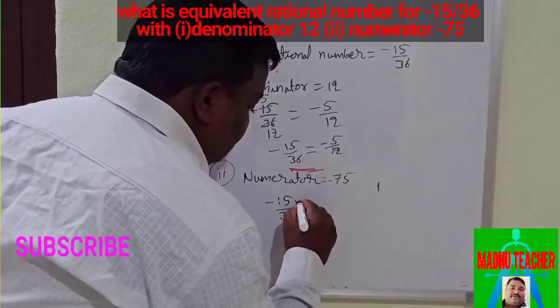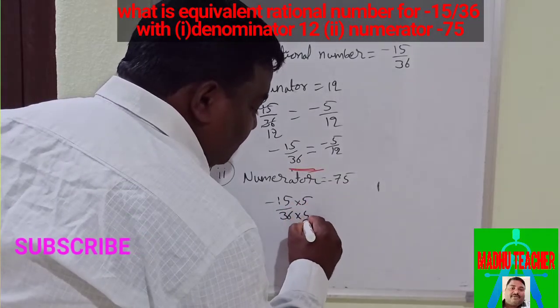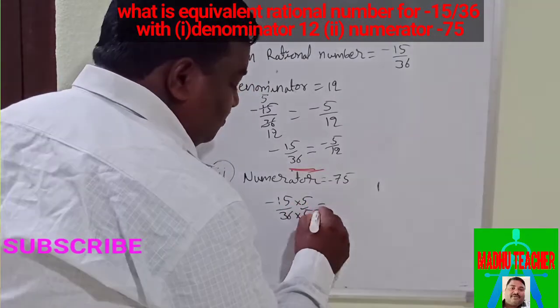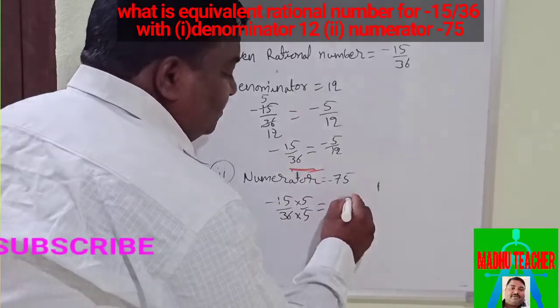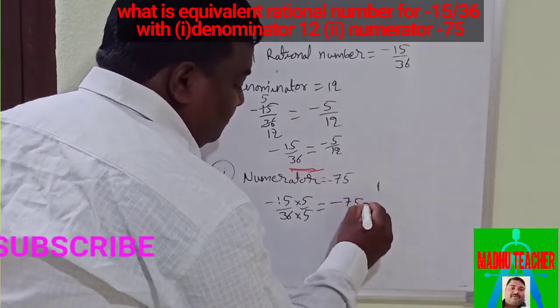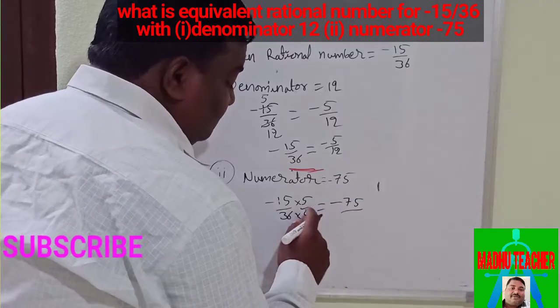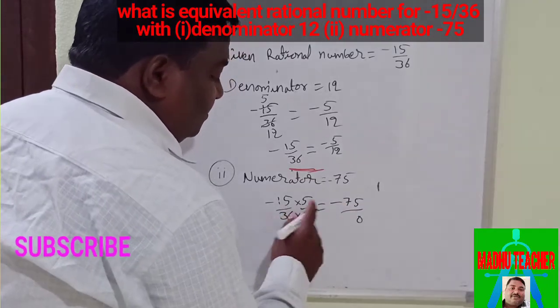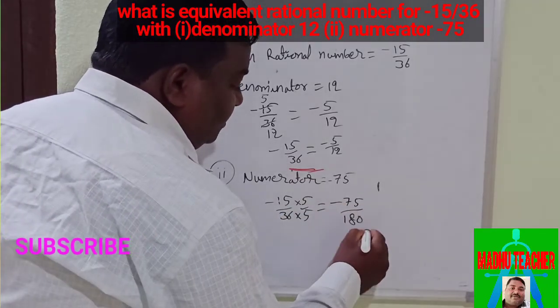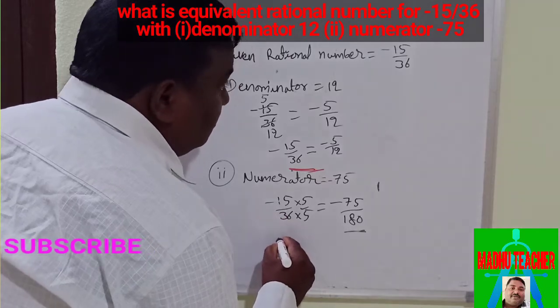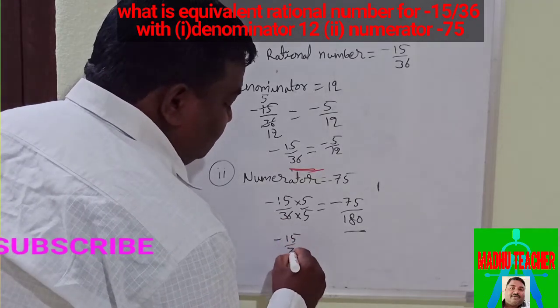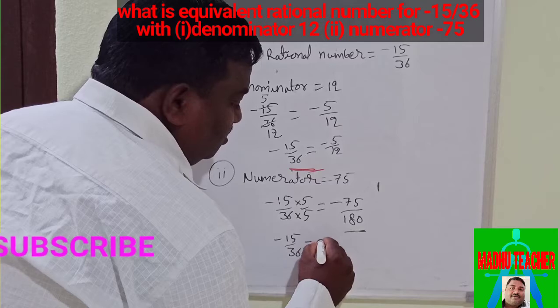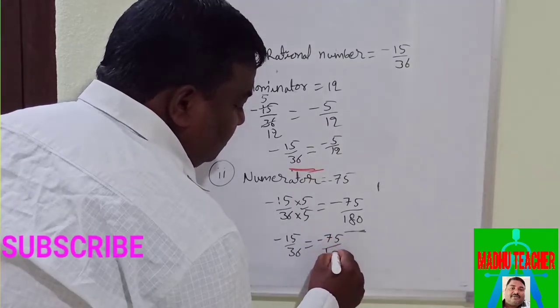That's why we are multiplying with 5 in numerator and denominator. So that equals minus 15 5s are 75 by 36 into 5. 5 6s are 30, 5 3s are 15 plus 3 is 18, so 180. Therefore minus 15 by 36 is equivalent to minus 75 by 180.